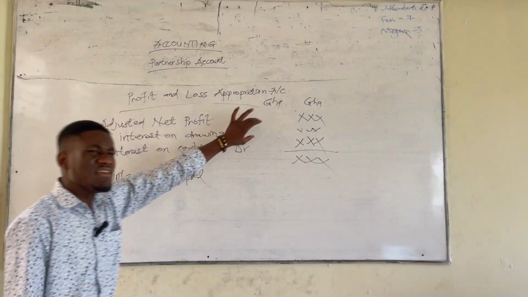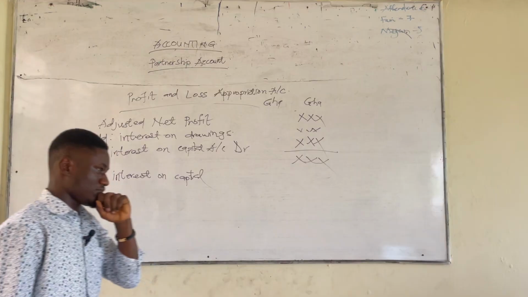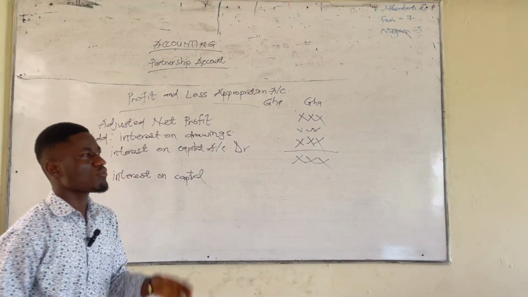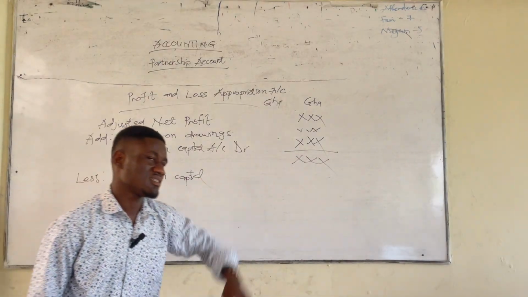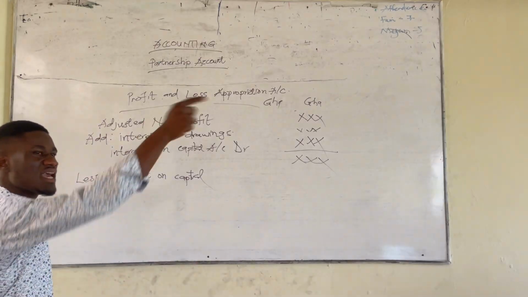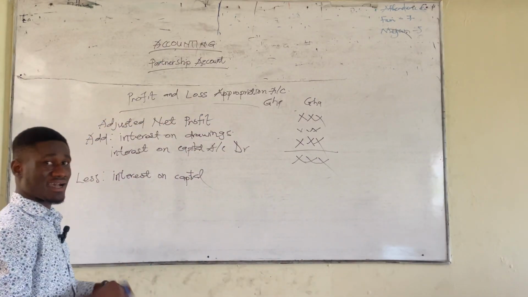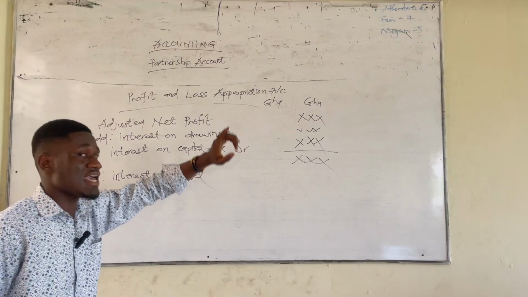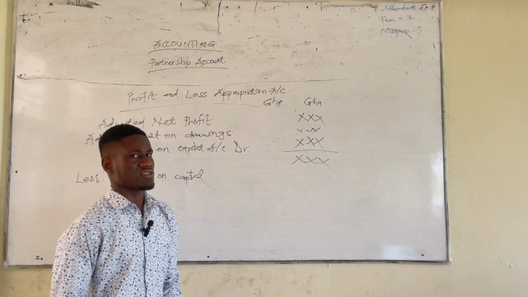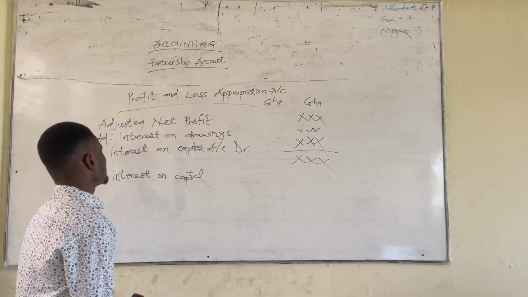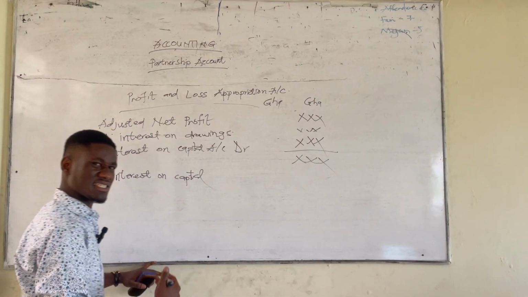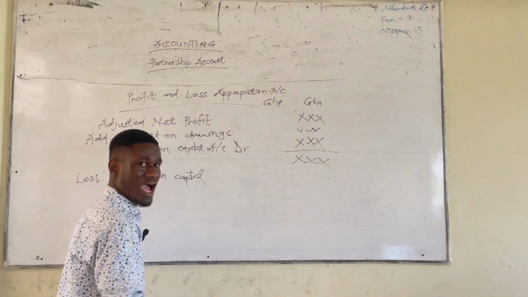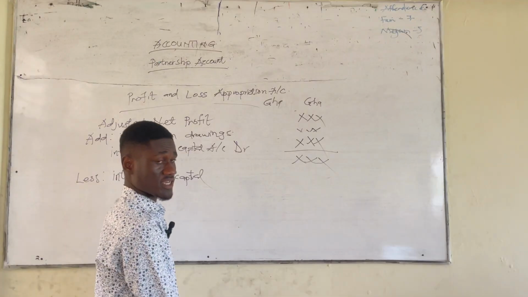So that means that if you, the business, you have 5,000 and I've added, let's say, 100, I'm going to receive an interest on the 100. So that interest I'll receive as the business who is going to give me, the partner, the interest. So that means that it is reducing the net profit of the business. Do you get it? So that money doesn't belong to the business. It's my interest, the interest you have to pay me as a result of the capital I introduced into the business. Do you get it?